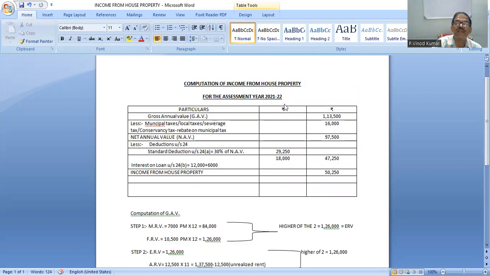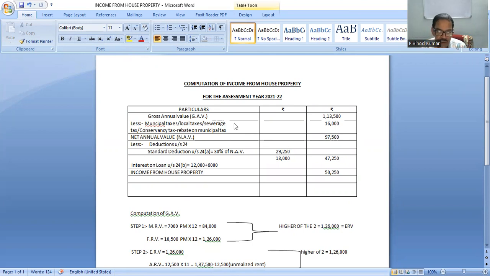So, GAV will be 1,13,500 less municipal taxes, which you can also call local taxes, sewerage taxes, or conservancy taxes. Okay. Now, please remember, we made a lot of blunders in the second internal examination. If municipal taxes is given in percentage, you have to calculate the percentage on municipal rental value, not on gross annual value.